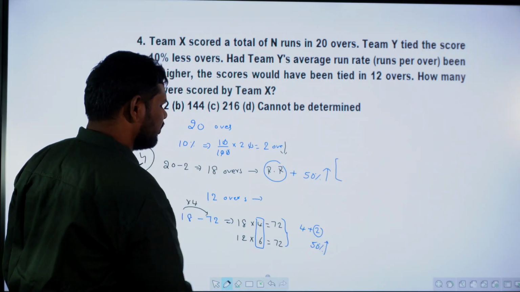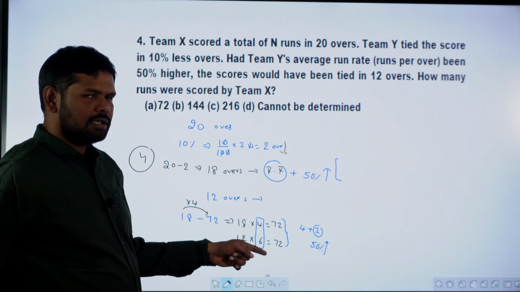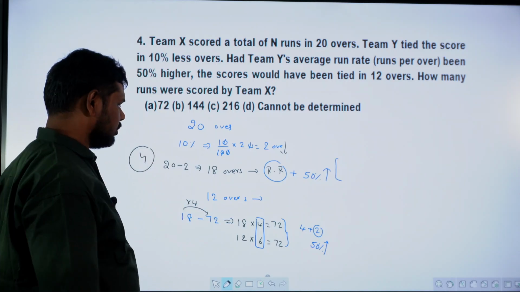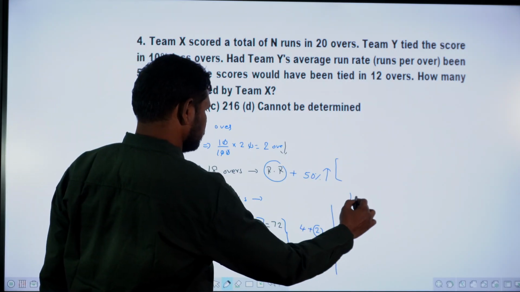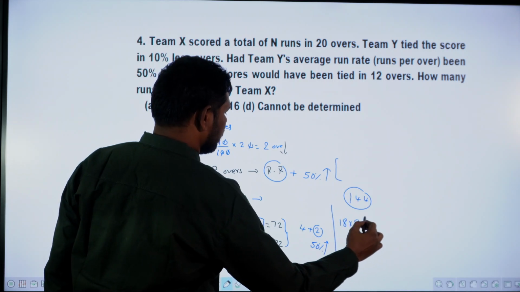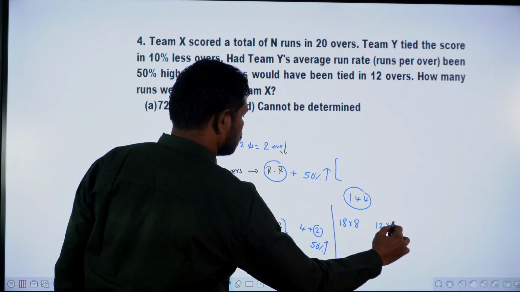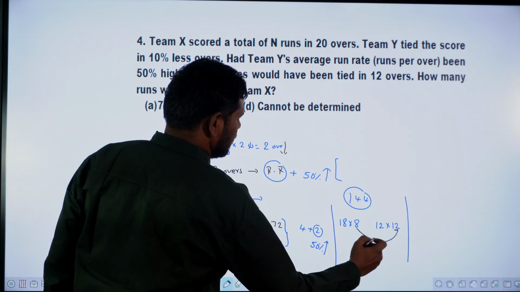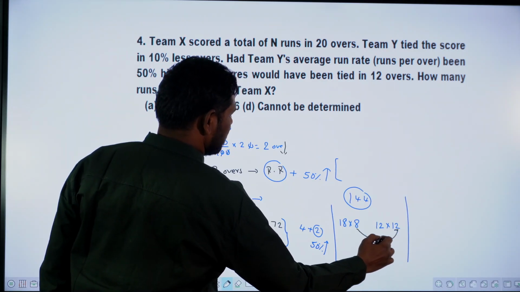If they score 50% higher, they make the same runs in 12 overs, right? That is also one option. Suppose you take the 144 option: in 18 overs, 18 eights are 144, and in 12 overs, 12 twelves are 144. Observe 8 and 12, it is also 50%, 8 plus 4.